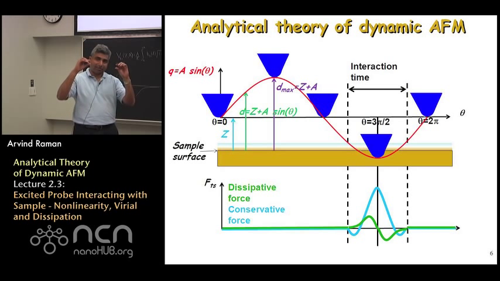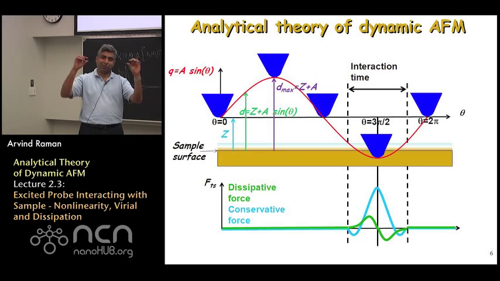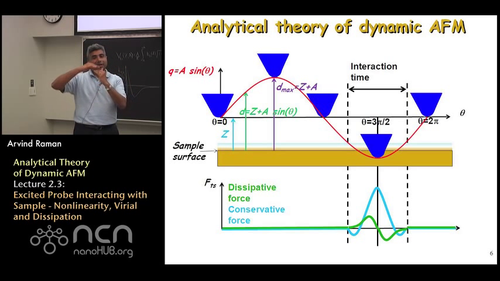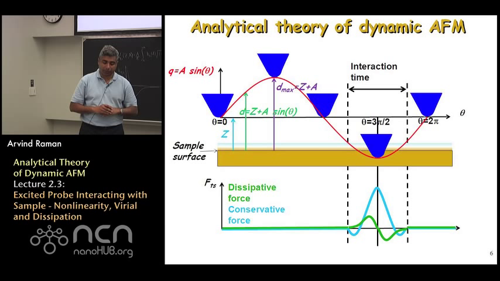Above the sample surface, I've got a little shaded area which represents the fact that there's a small range of distances for which attractive forces are being felt. So even though the surface begins at Z equal to 0, a little above it, one actually encounters some attractive interaction forces as well.